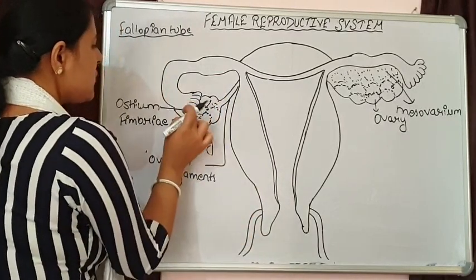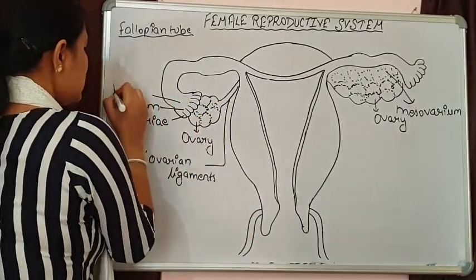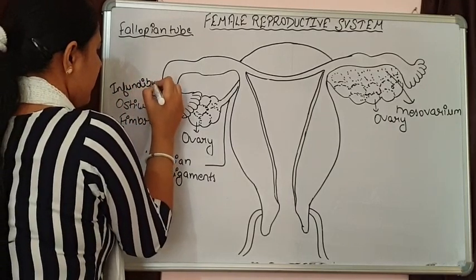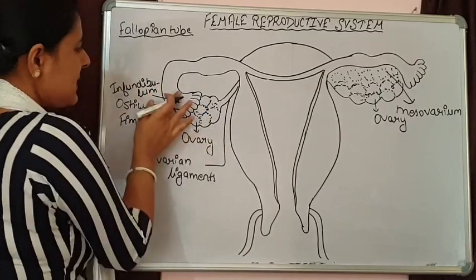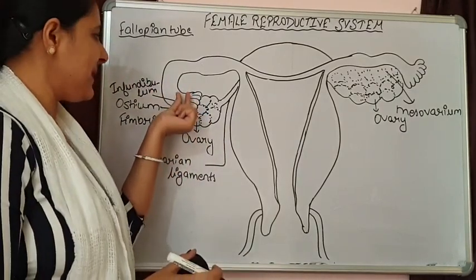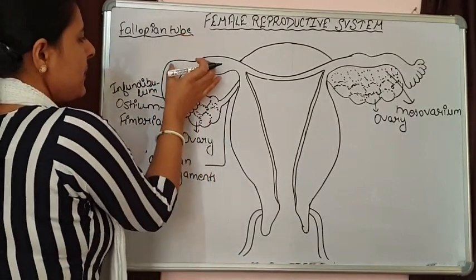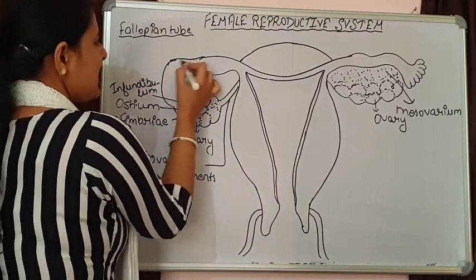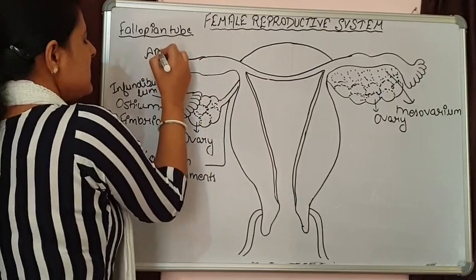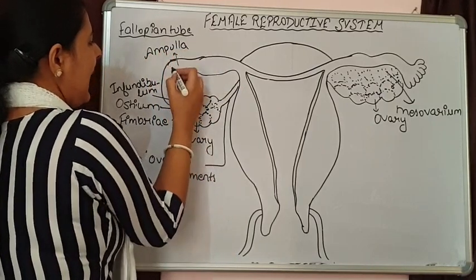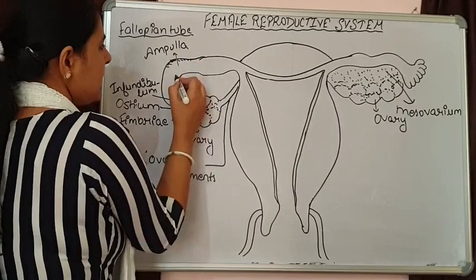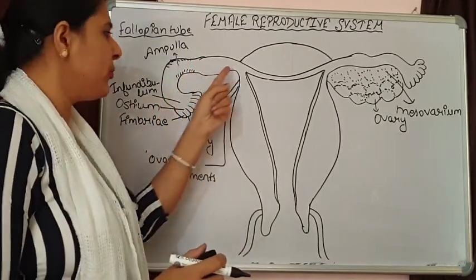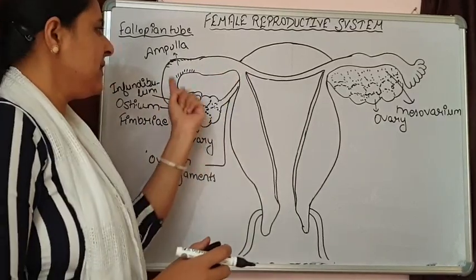The ostium opens into the structure known as the infundibulum. Just next to the fimbriae, the infundibulum is present, and beyond the infundibulum there is the broad part of the fallopian tube, known as the ampulla. The ampulla has small cilia, and these cilia help in the movement of the ovum through this structure.